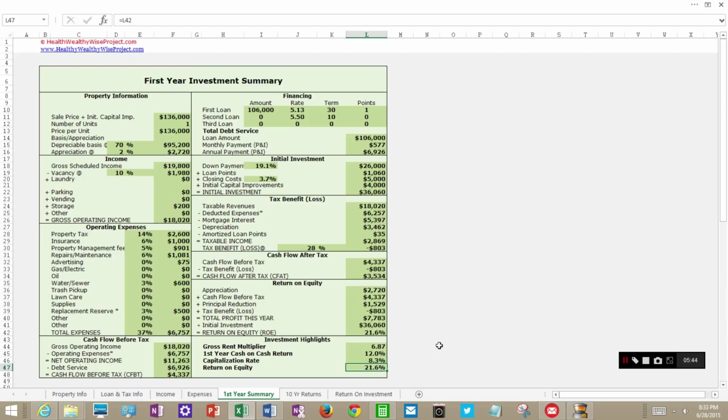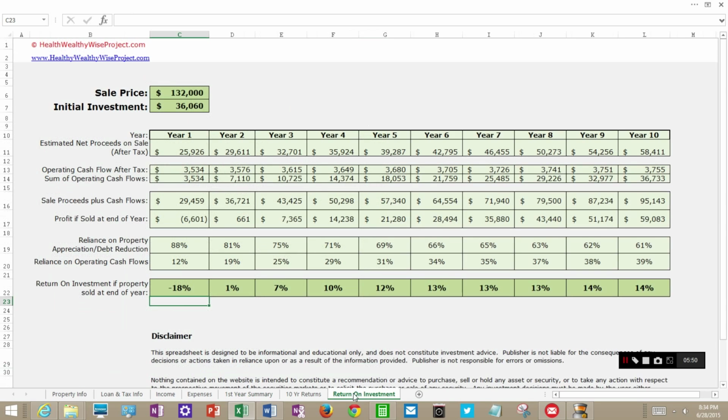Return on equity doesn't account for your selling expenses. So really this is meant to be a true discounted cash flow, looking at what is our investment in this property, the initial investment of $36,000, and then what are the returns I gain over the following 10 years. And then, using the rate function in Excel, you can get your true investment rate of return.